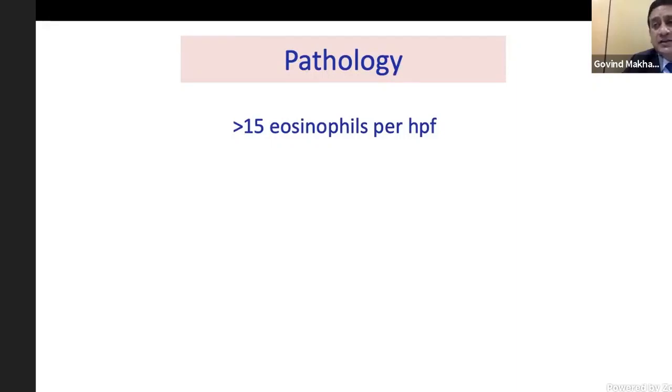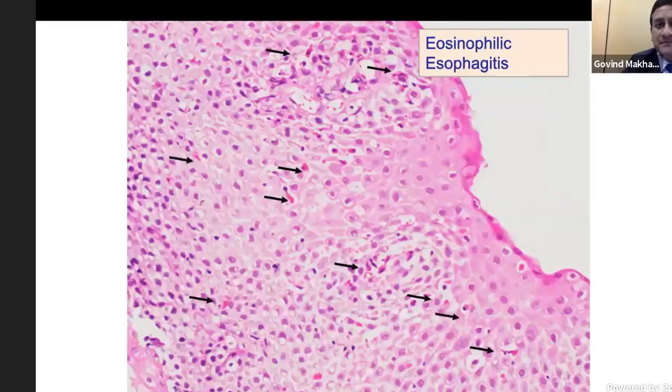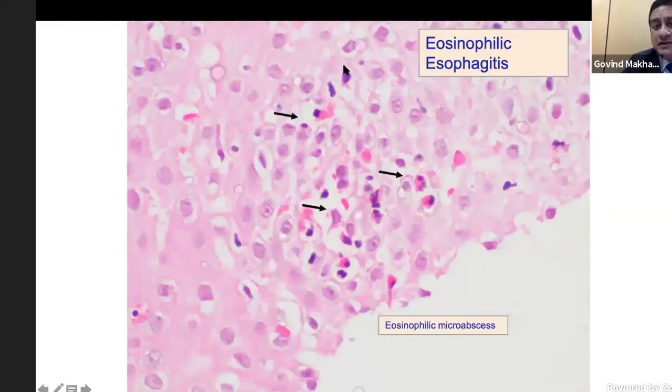And I said that eosinophils are not there in a normal esophagus. Again, this picture I showed you earlier, that in one high power field you find multiple eosinophils, and sometimes eosinophils come joined together to form an eosinophilic abscess. You find multiple eosinophils here forming an abscess.